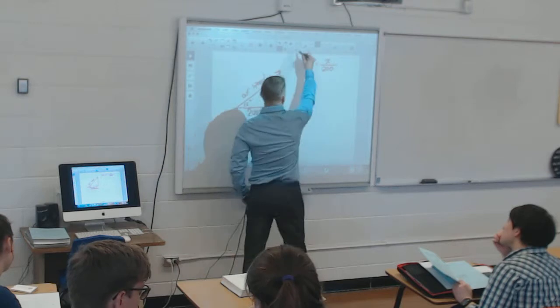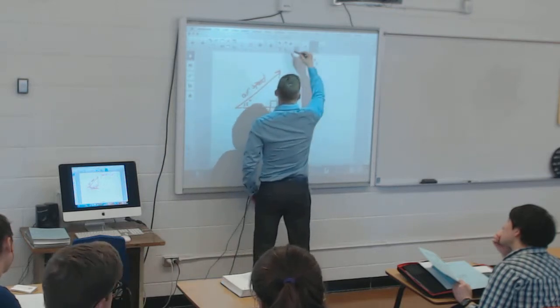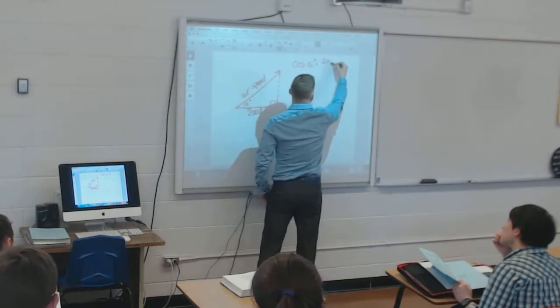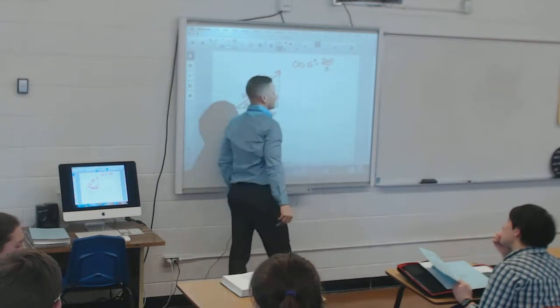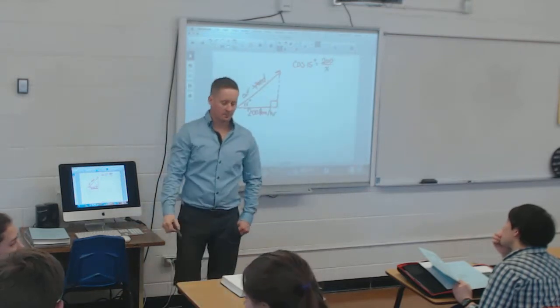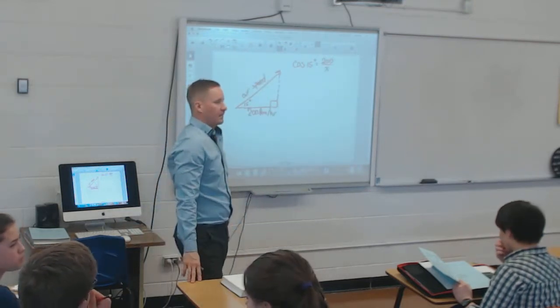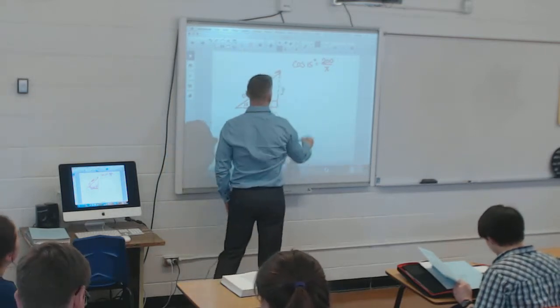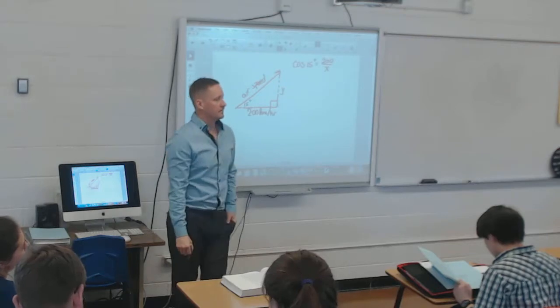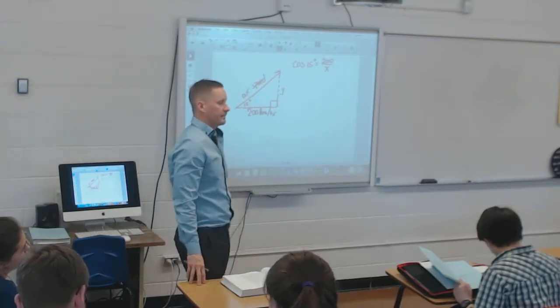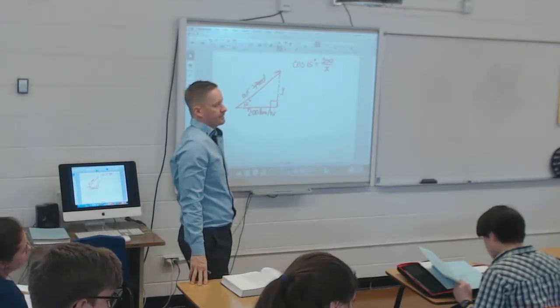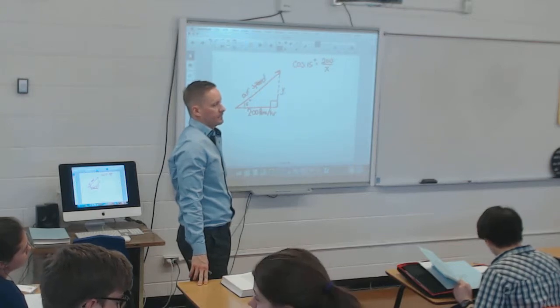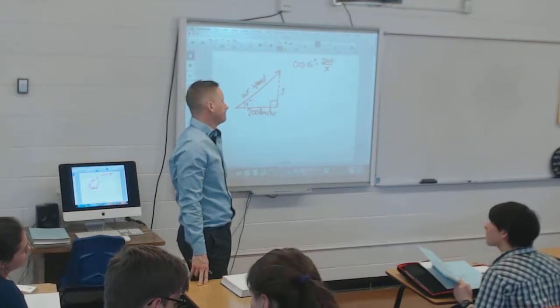Okay, Morgan. Can you do it from there? So I put down cosine 15. If you cross multiply... I don't cross multiply.